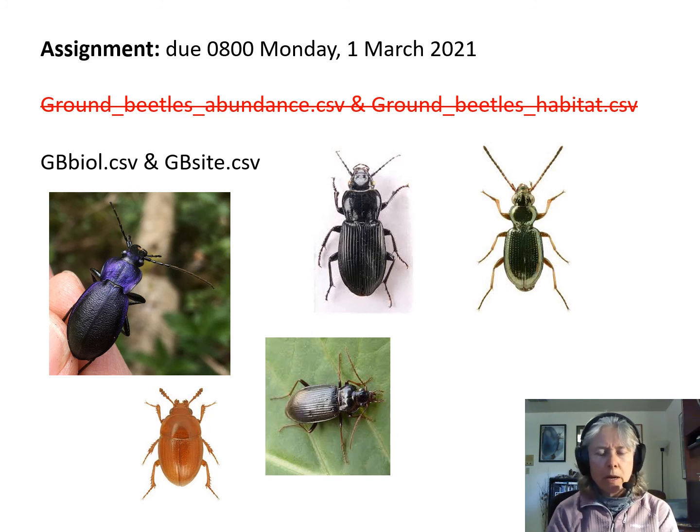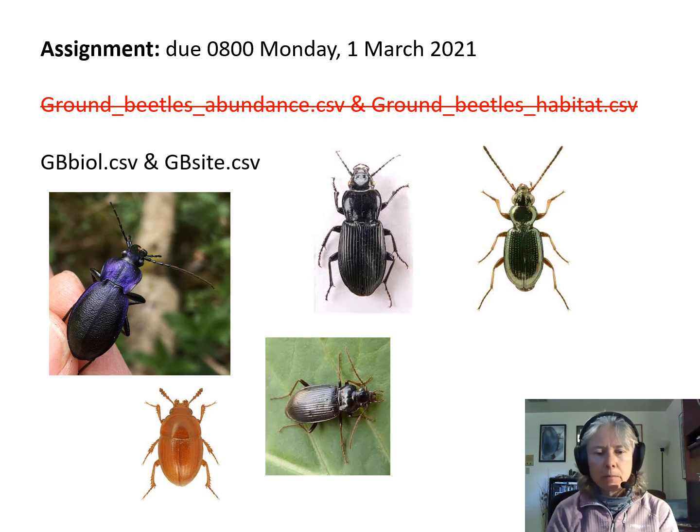So you're not going to be working with these, you're going to be working with these files. GB BIOL and GB site. GB BIOL is a presence-absence site by species matrix, whereas its sister file, the ground beetle's abundance one, is abundance site by species. And then GB site is a pared down version of the ground beetle's habitat site by environment data set.